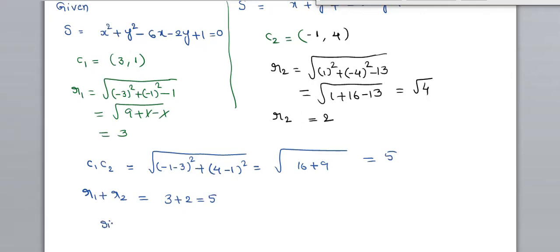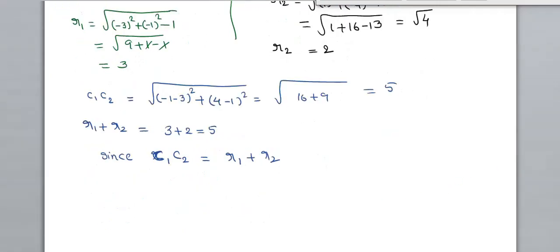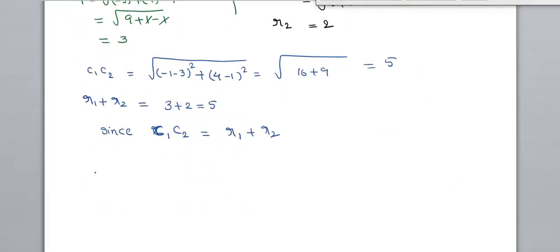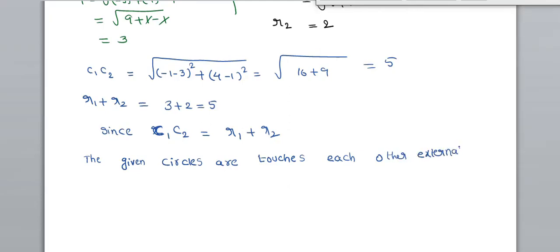Therefore, since C1 C2 is equal to R1 plus R2, the given circles touch each other externally.